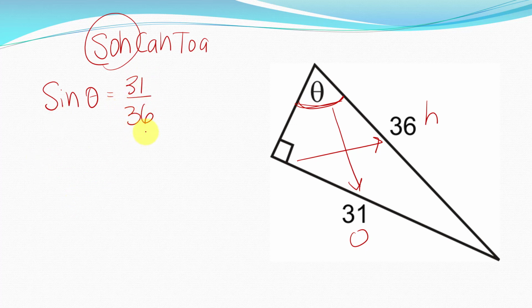Enter 31 divided by 36. Hit your second key, then your sine key. And I came out with 59.4415. So theta equals 59.4 degrees, rounding to the nearest tenth.